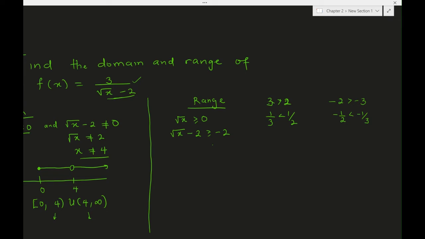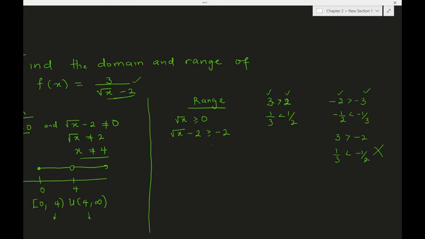This is true because both numbers here are positive and both numbers here are negative. But in a situation where we have, for example, 3 is greater than minus 2, which is also true, can we say that 1 over 3 is now less than minus 1 over 2? No, this is not true.